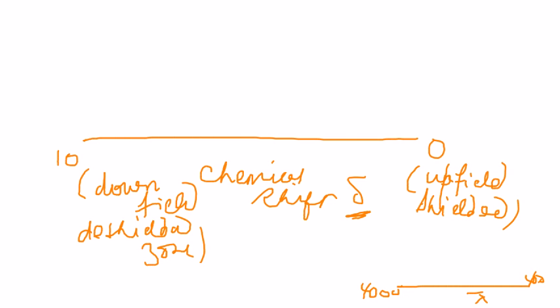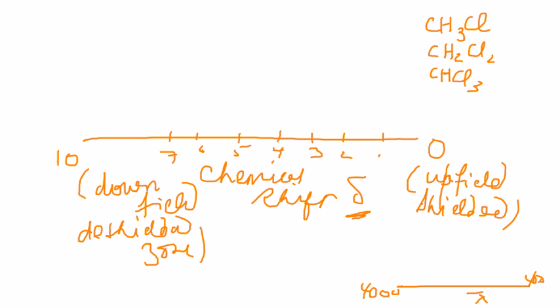So just to give you a flavor, let's say you want to compare CH3Cl to CH2Cl2 to CHCl3, and I tell you the scale goes 1, 2, 3, 4, 5, 6, 7, and then 8, 9. Okay, and I tell you that CH3Cl shows up around 2.8, suppose. So you get one peak at 2.8 for CH3Cl, and I ask you to predict the CH2Cl2.